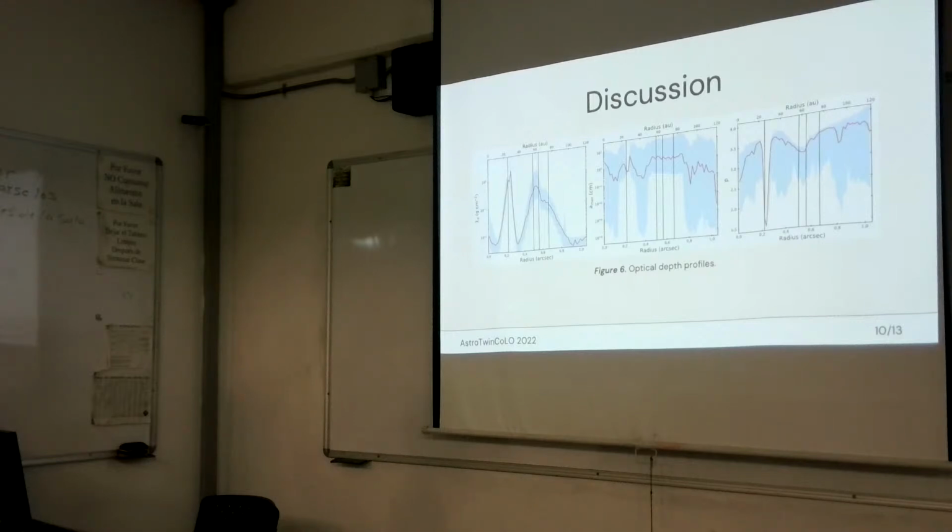Their result is that they think the grains have already grown to millimeter and maybe even centimeter sizes. At the same time, they measure that the surface density goes down by a couple of orders of magnitude, so the dust gaps are really deep.